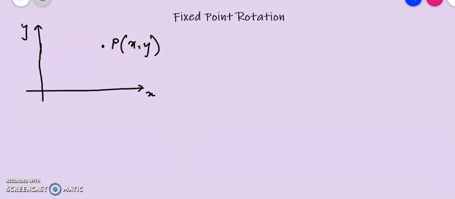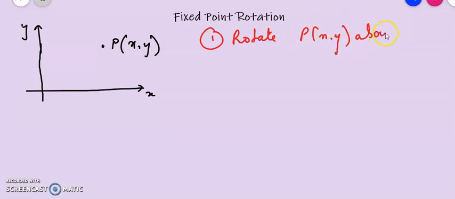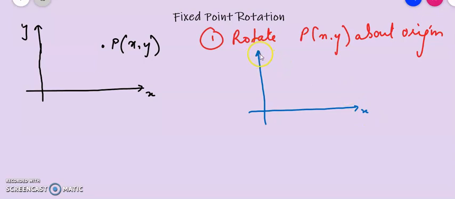If I am trying to rotate this, my first rotation is to rotate P(x, y) about origin. Let us visualize what will be the output when I am trying to do this using a rotation that is about origin. So again I'm drawing my original point, that is P(x, y) here, and my red would be the output.